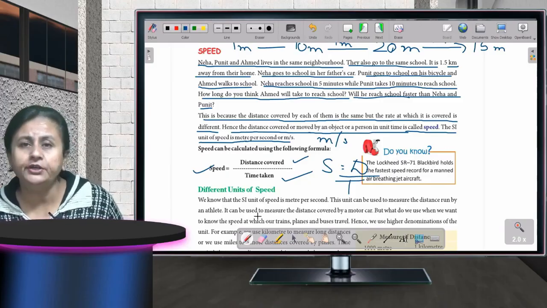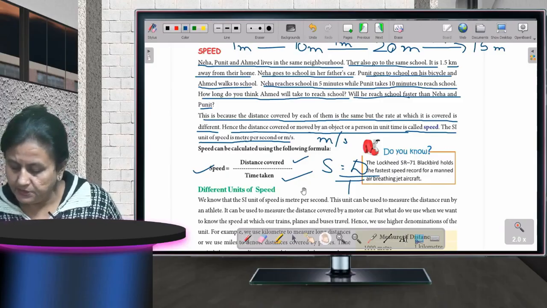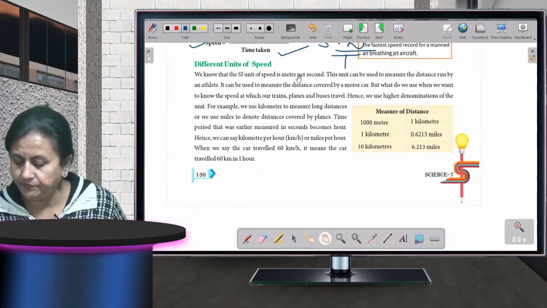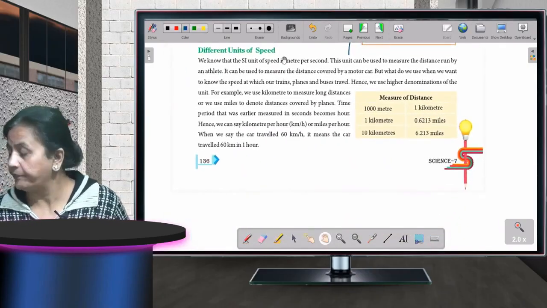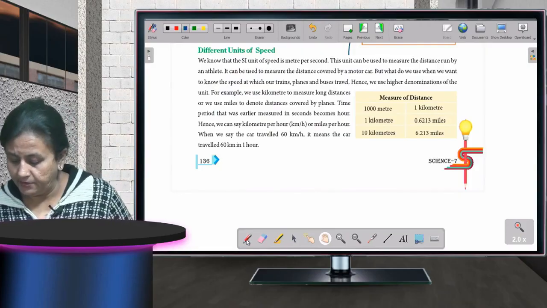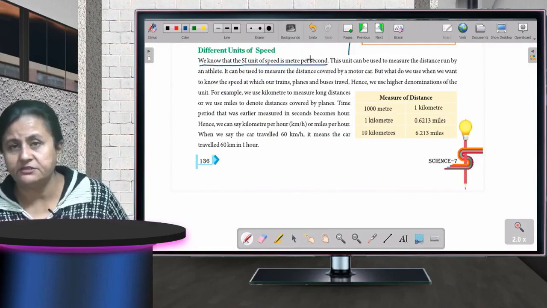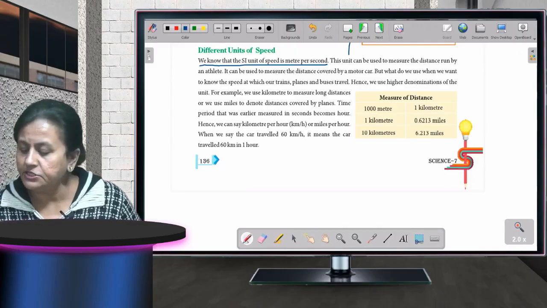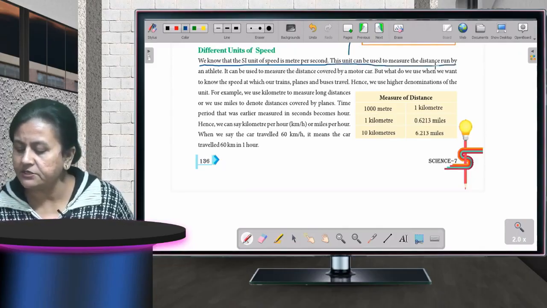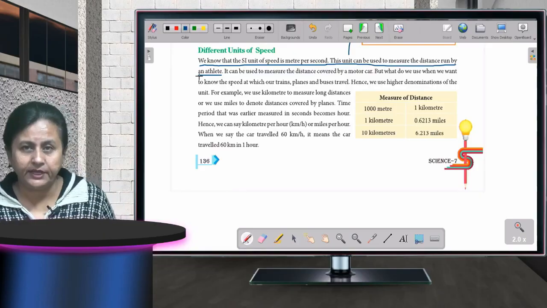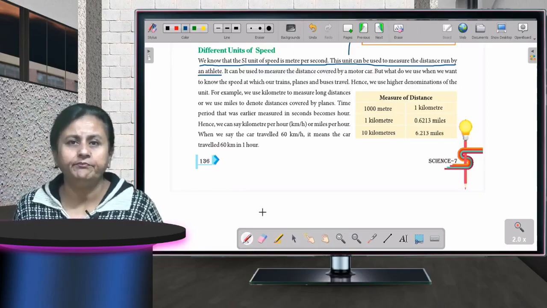Now, there are different units of speed. We know that the SI unit of speed is meter per second. Just now I have told you about this. This unit can be used to measure the distance run by an athlete. Have you seen an athlete running?